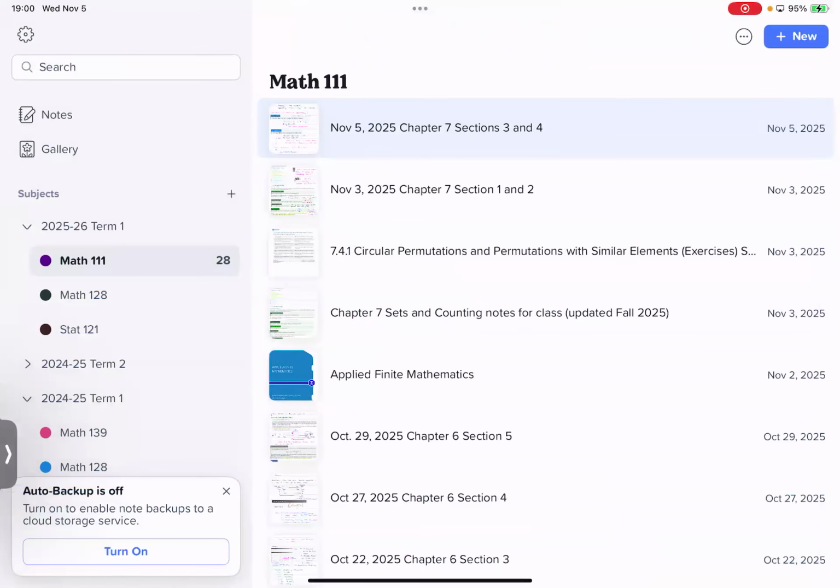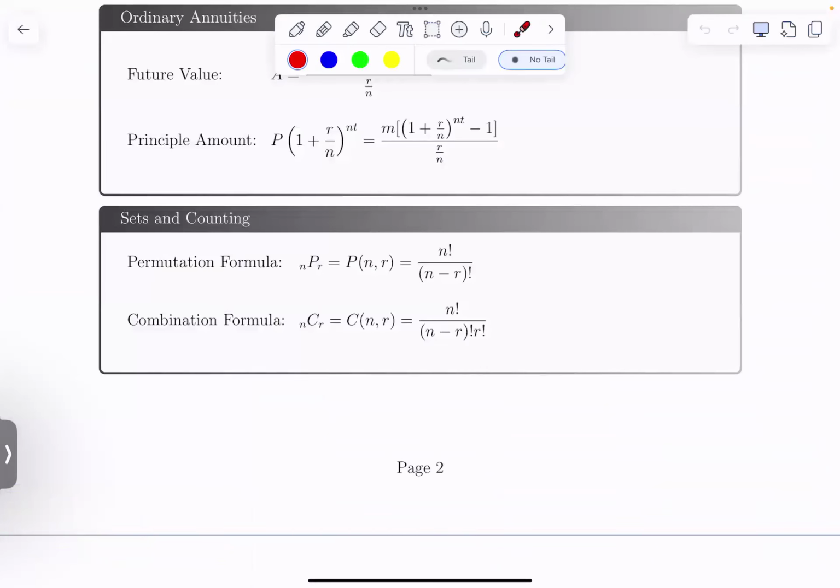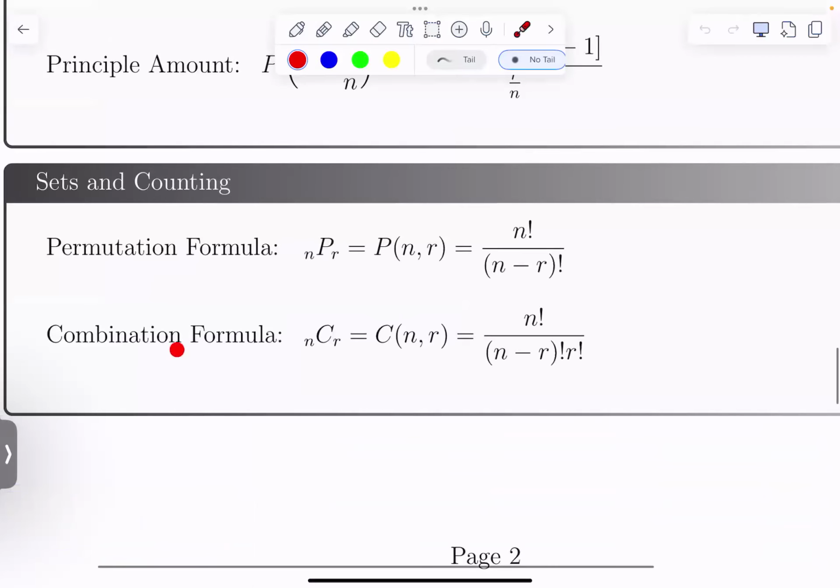You look at your formula sheet. These are the only two formulas. So this is the combination formula, which we'll see in section 7.5. So that'll be in the video that I post for next week. But notice it's very, very similar, right?